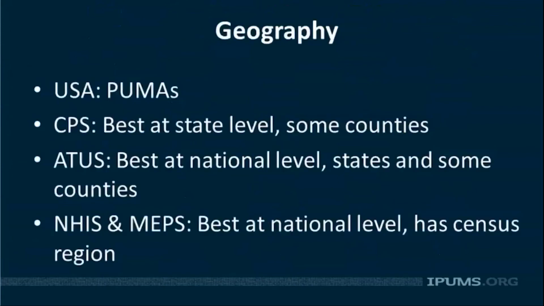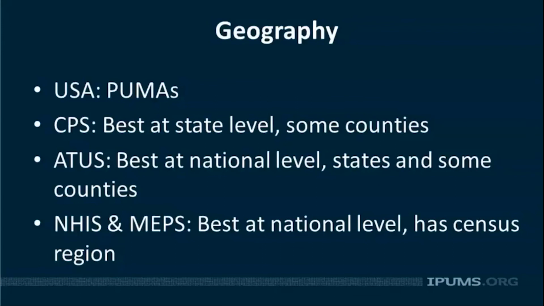Another important analytic consideration is geography. Some researchers need to have information available at a state or lower level of geography to be able to use a data source for their analysis. However, very different levels of geographic detail are available across projects. In our microdata projects, the USA data will provide the lowest level of geography, which is the PUMA, or Public Use Microdata Area.